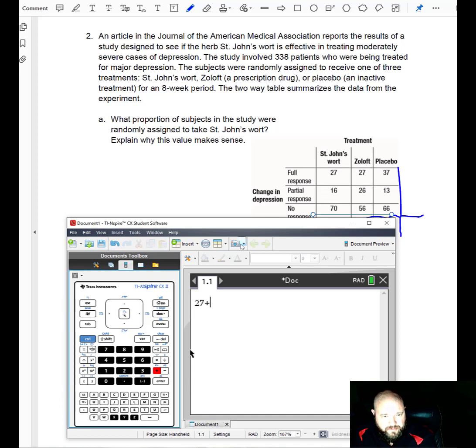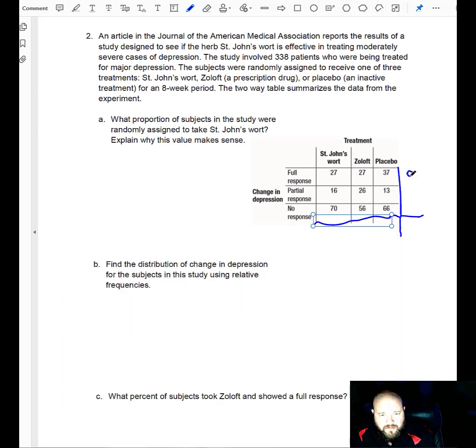We got 27 plus 27 plus 37, so we should get 91.